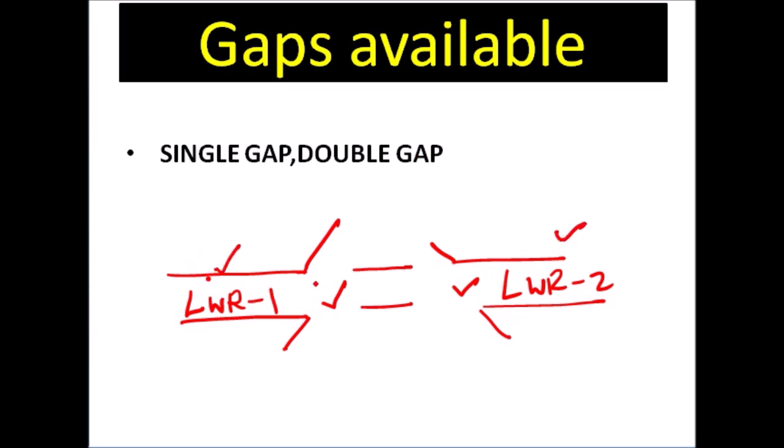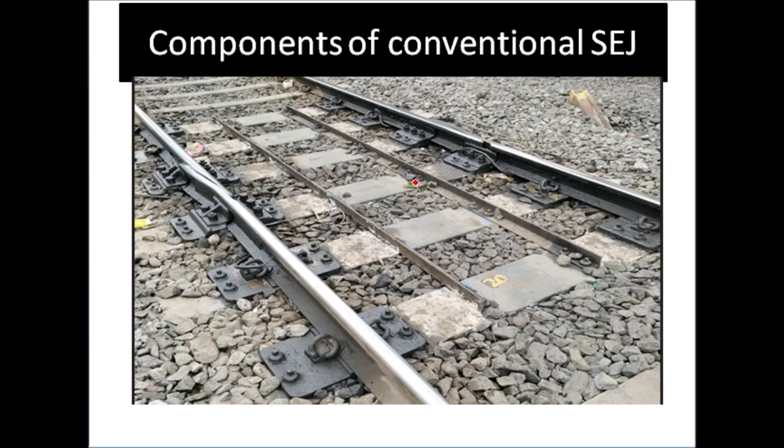Let us say this is LWR1 and this is LWR2. You have to provide an SEJ which is common to both LWRs. In such a situation you will provide this double gap SEJ. We will discuss this in other classes. I hope this is clear.